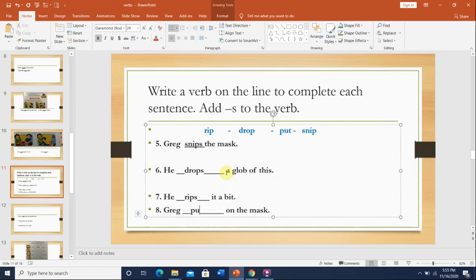Okay, we will write the verb put and we will add S. Here, we see first, who is the sentence about? If it's about one person, then we add an S to the verb to show that it's happening in the present tense. Okay, so Greg is one person. We add an S to the verb to show that that person is doing something now in the present tense.